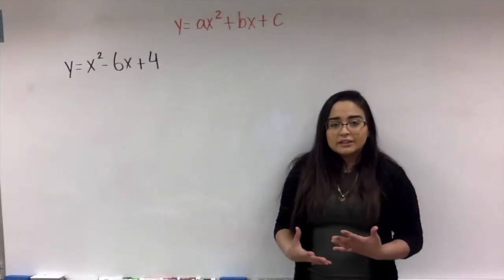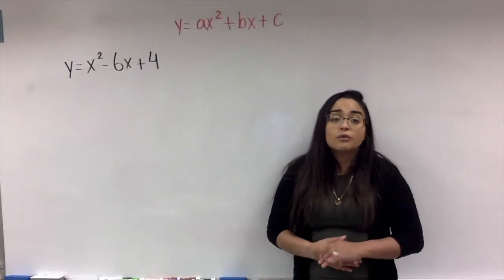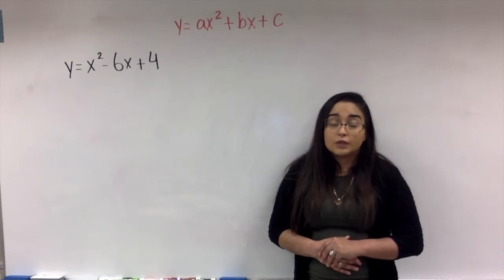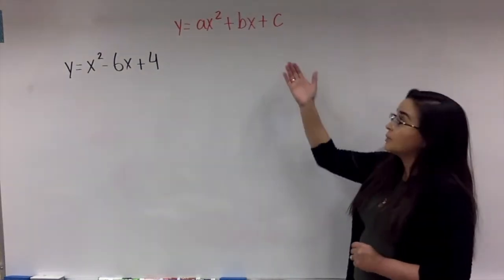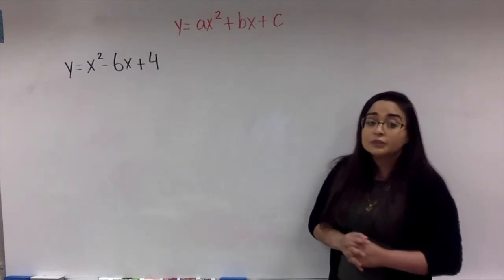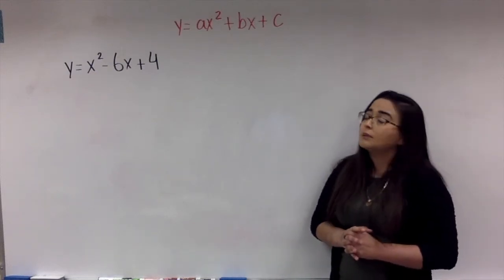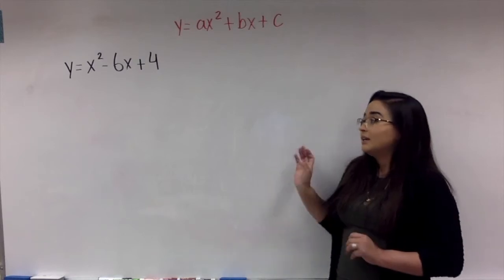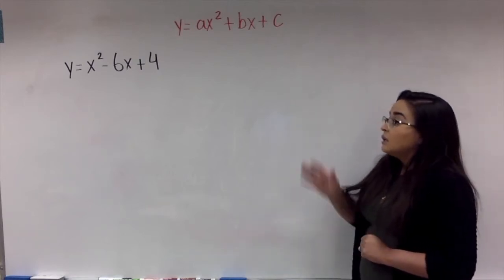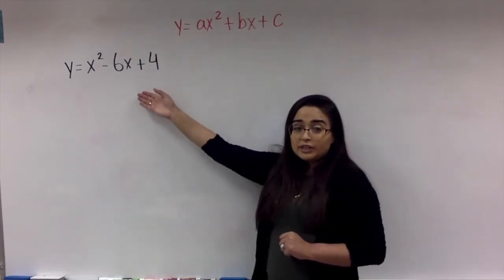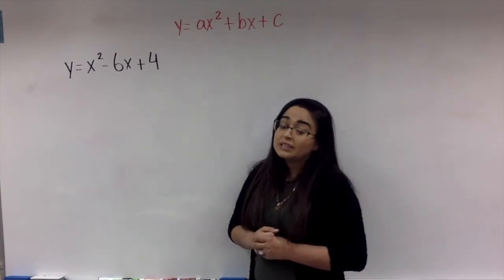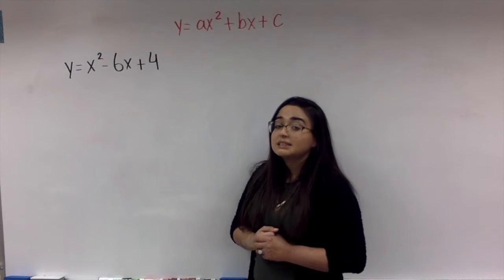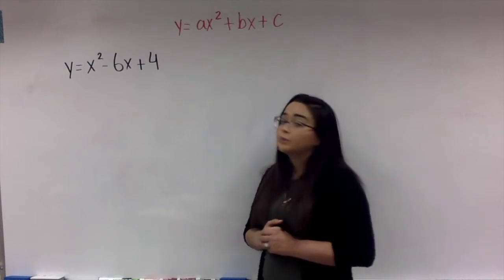Now let's identify how to find our vertex coordinates. Here we have our formula, which is y equals ax squared plus bx plus c. We have our example in that same format, which is y equals x squared minus 6x plus 4.